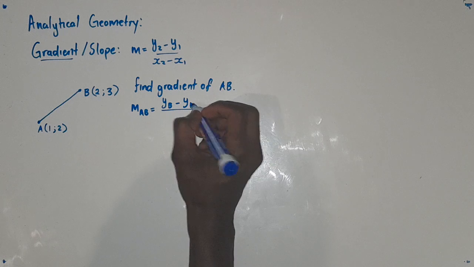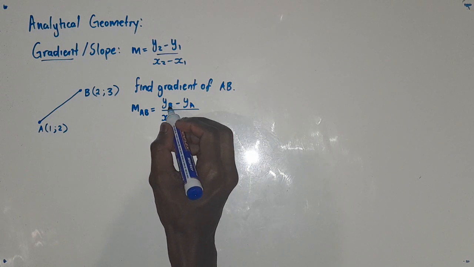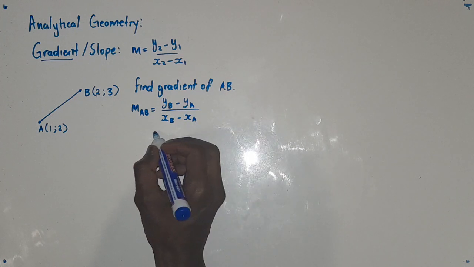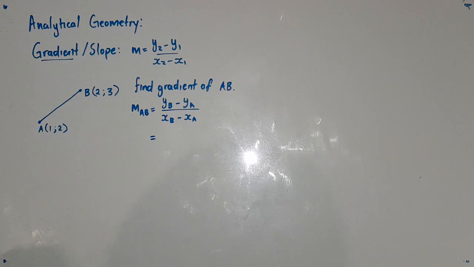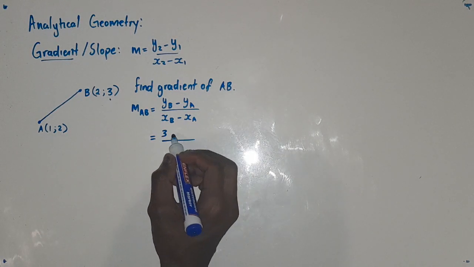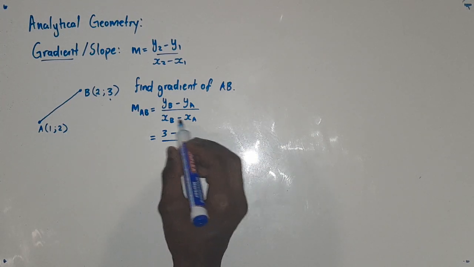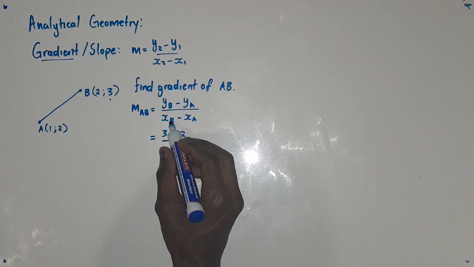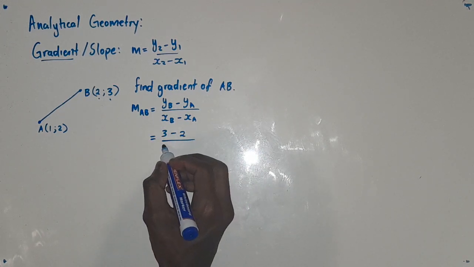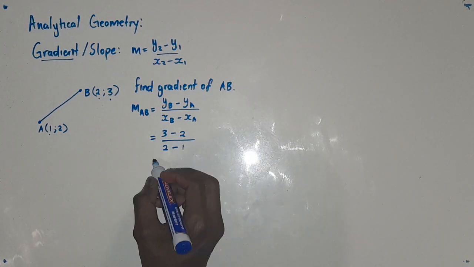Then y of B minus y of A, which is 3 minus 2, over x of B, we have 2, minus x of A, we have 1.